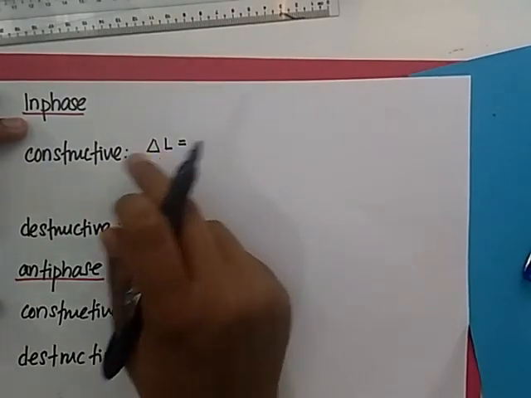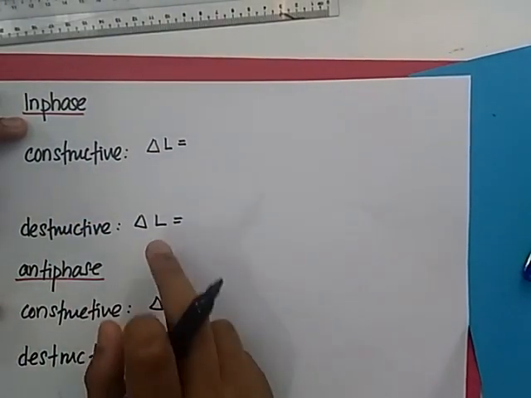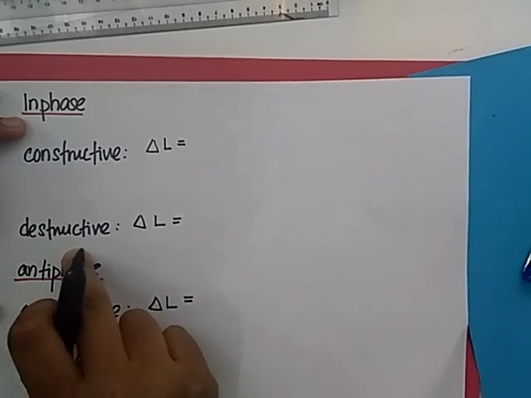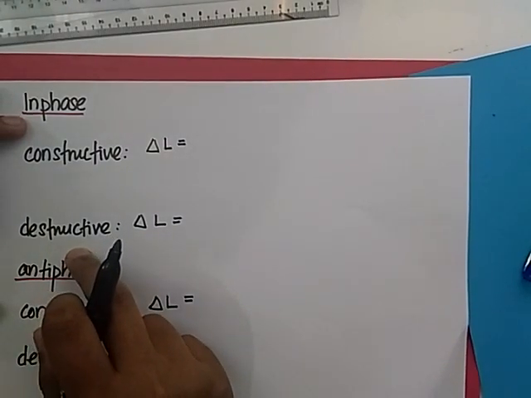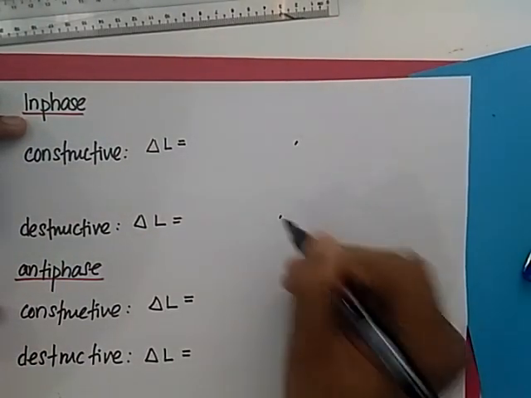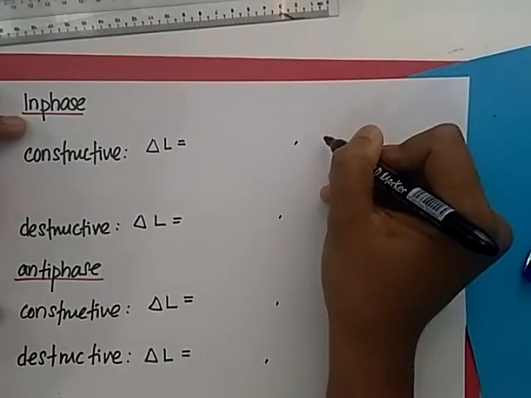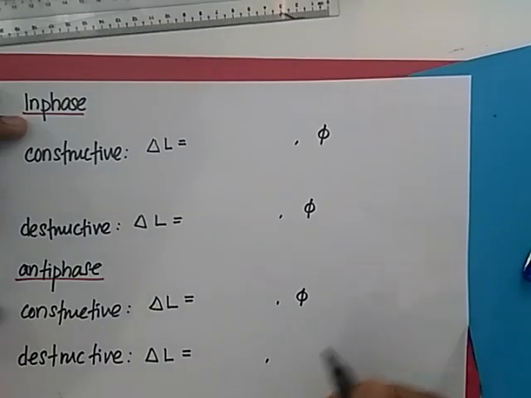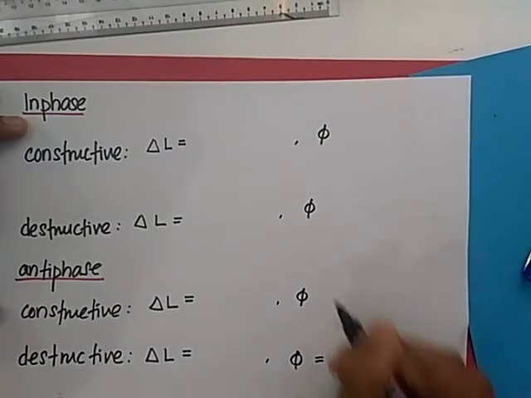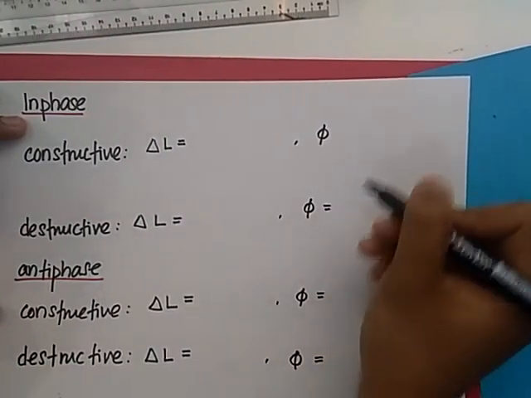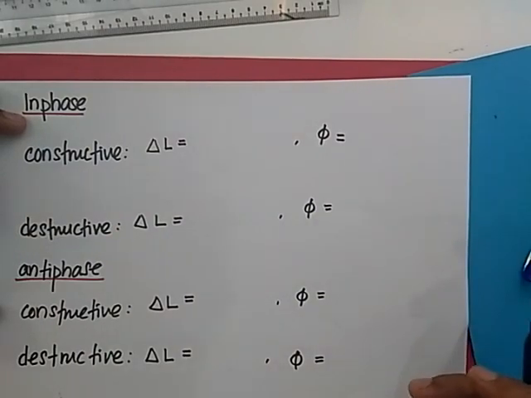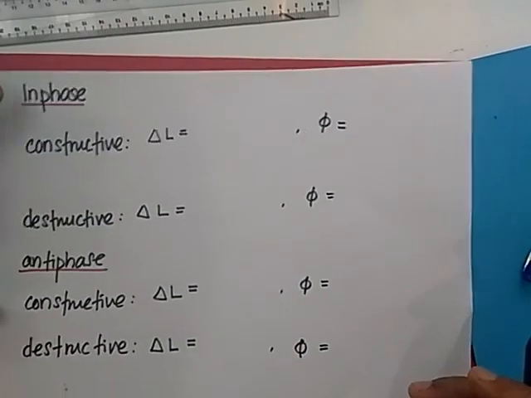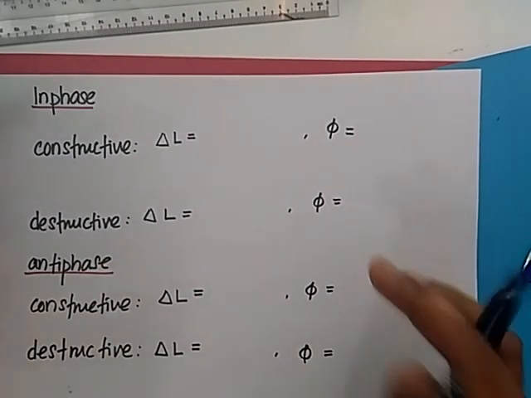Berapa path difference yang menyebabkan berlakunya constructive interference dan berapa path difference yang menyebabkan berlakunya destructive interference. Dan juga kita nak tengok berapakah phase difference untuk berlakunya constructive dan destructive interference.